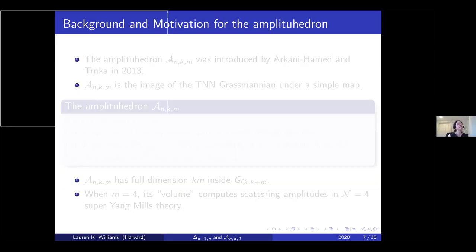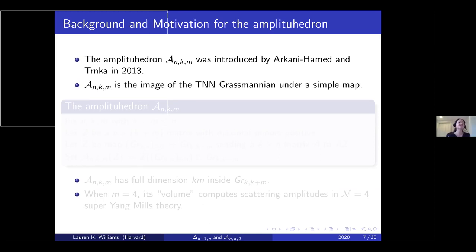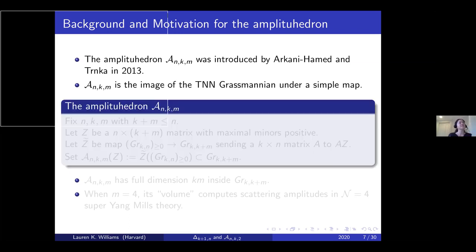Now, let me give a little bit of background and motivation for the amplituhedron. So this was, as I said, introduced by Nima and Yara in 2013. And it's simply the image of the TNN Grassmannian under a quite simple map, actually. So let me give the precise definition.